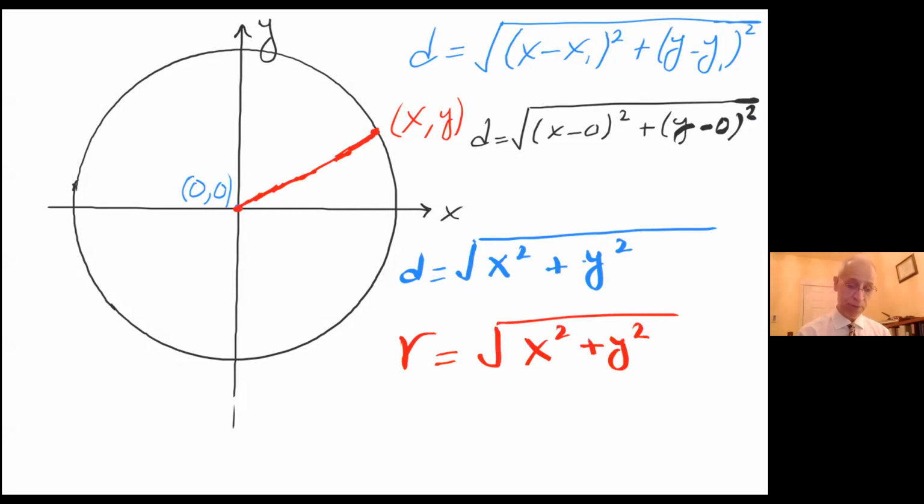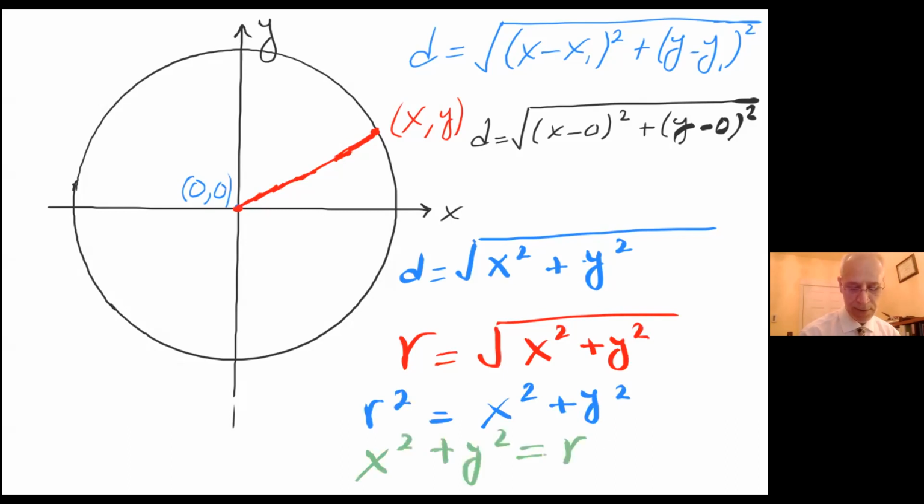If I square both sides, I get r to the second equals x to the second plus y to the second. And by rearranging, I can rewrite this as x squared plus y squared equals r squared, which we know as the equation of a circle whose center is at 0, 0.